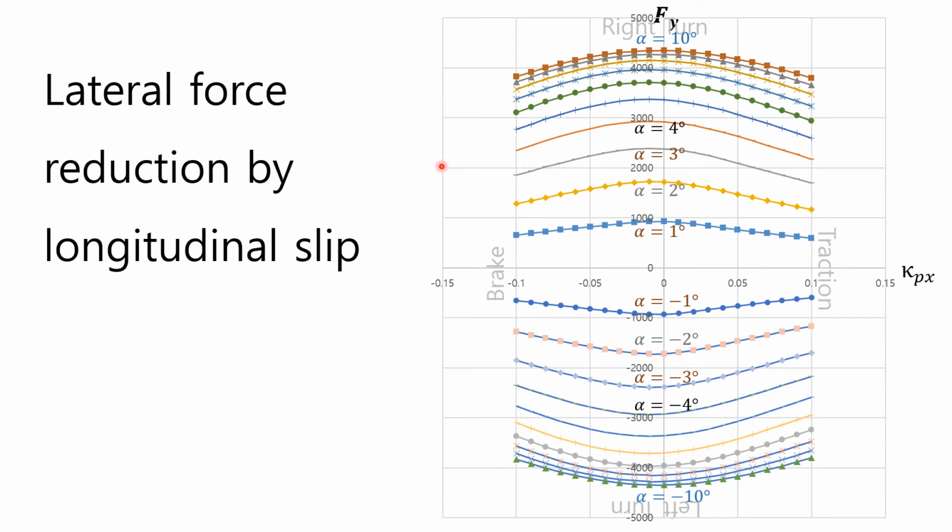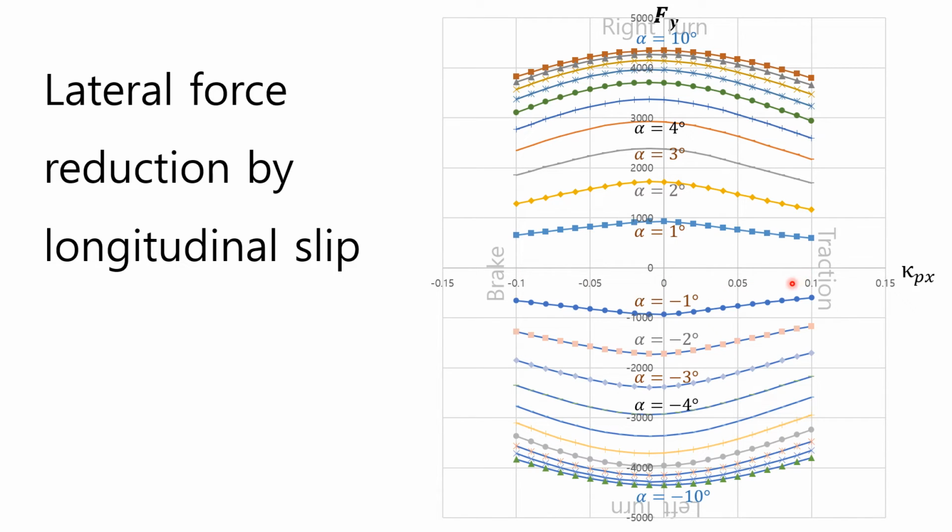At this time, let's draw the constant side slip angle curve on the coordinate of lateral force Fy and the longitudinal slip kappa px. The figure shown here is a graph when the side slip angle alpha is fixed to each of 21 values and the longitudinal slip value is changed at an interval of 0.01 from minus 0.1 to plus 0.1.